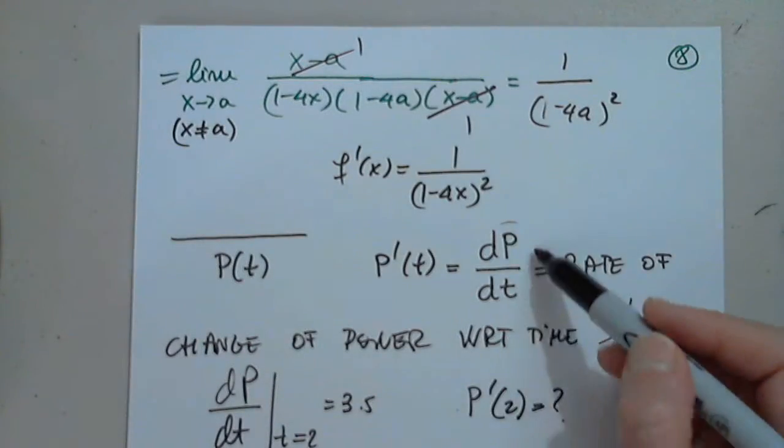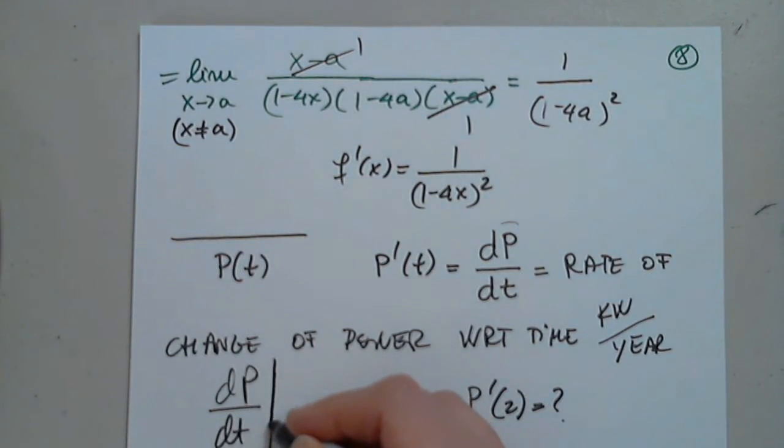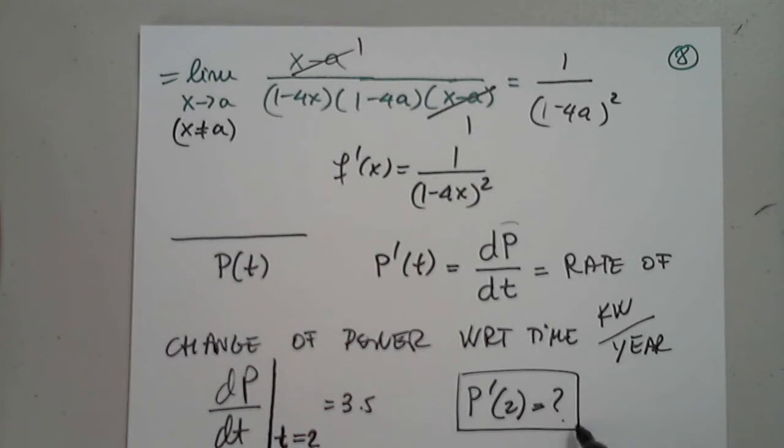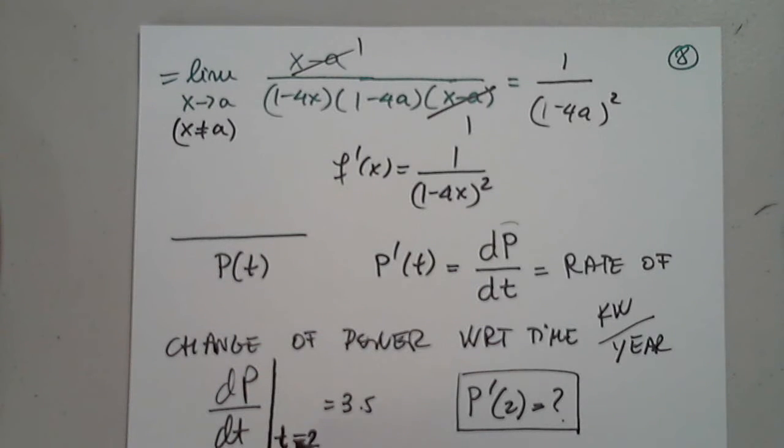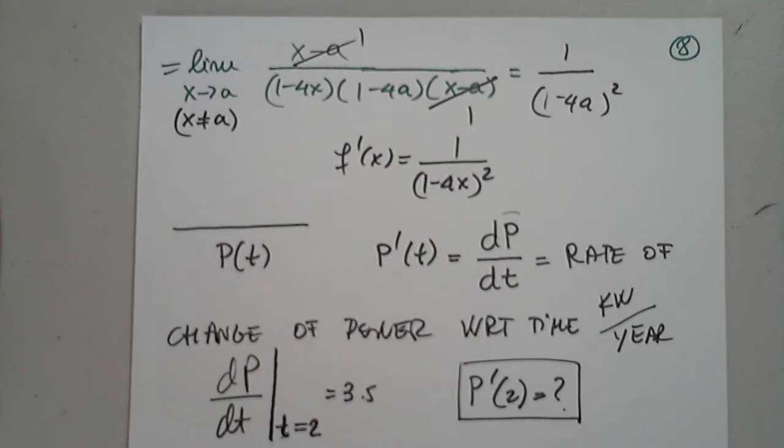When we use the Leibniz notation, we use a vertical bar and we write what we're asking to be replaced by. So t in this case, we want it to be replaced by 2. So we want the same thing as P prime of 2. But if we use this notation, we use a vertical bar, and then t equals 2.